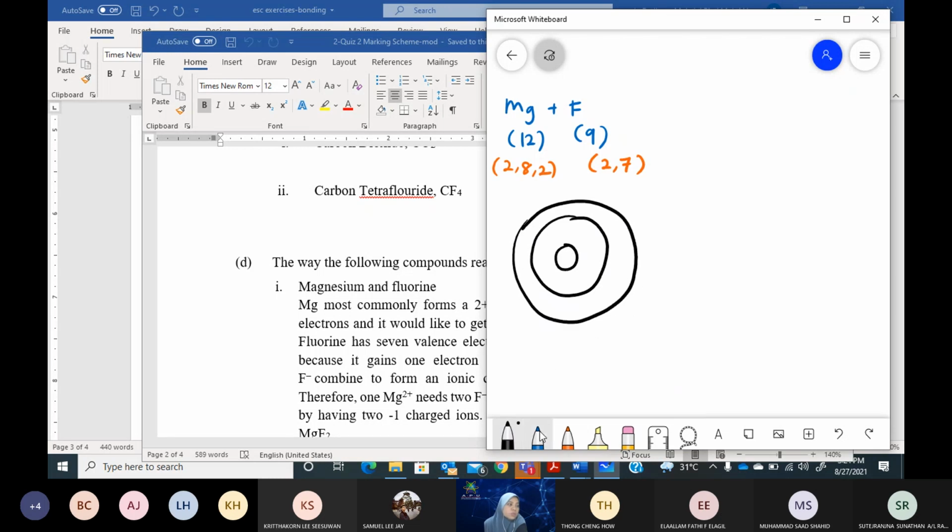If you want to do the illustration, you must draw. So 2, 8. So this can put here, and then the other 2 here. Okay.